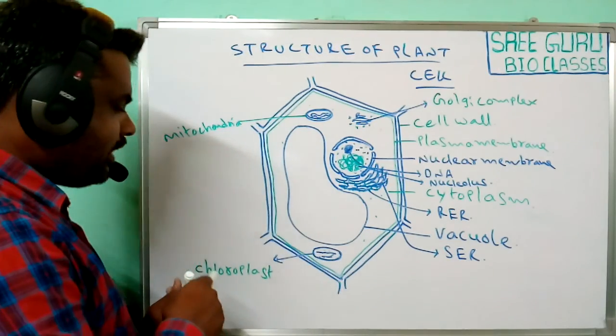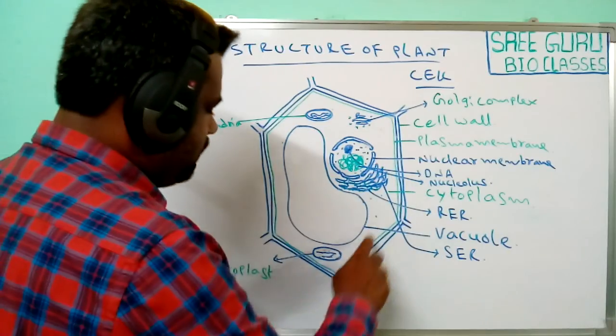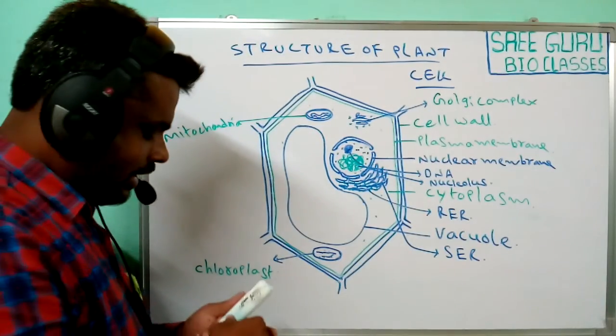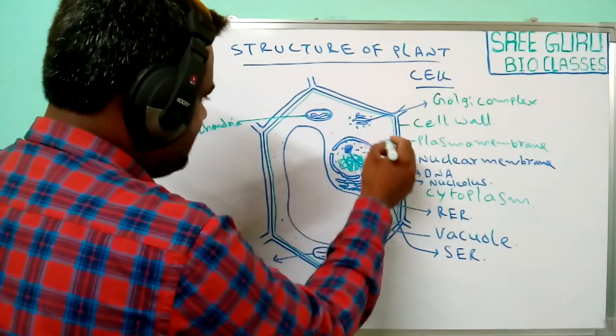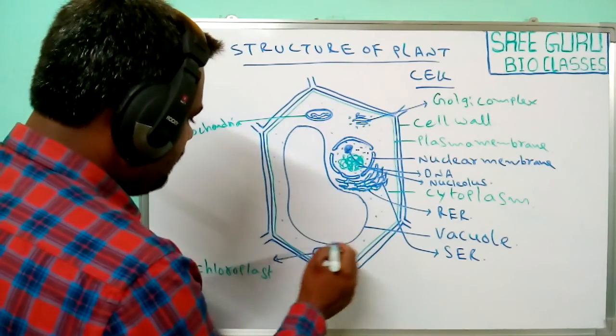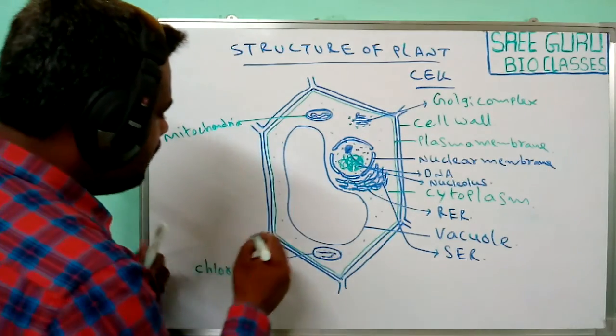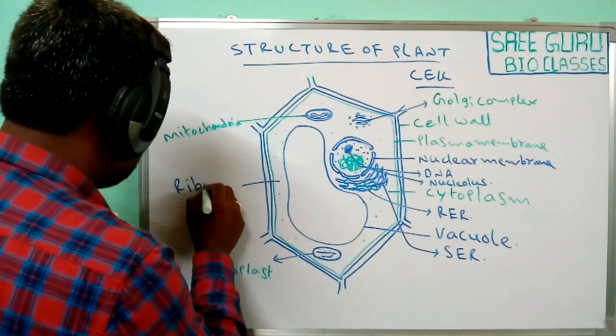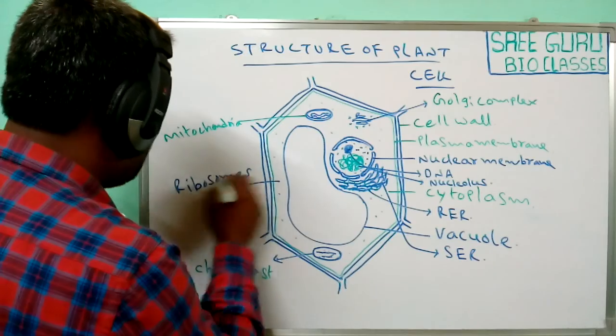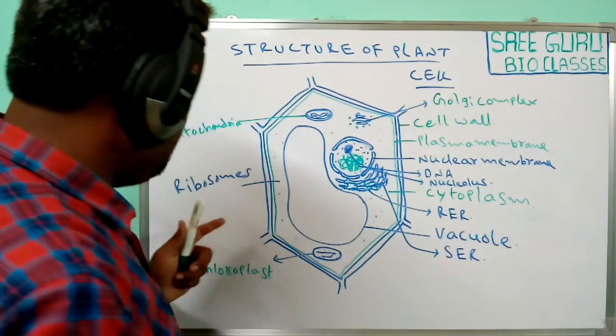Next, in addition to these membrane bound structures, some non-membrane bound structures are also present. Some ribosomes are also present inside the plant cell.